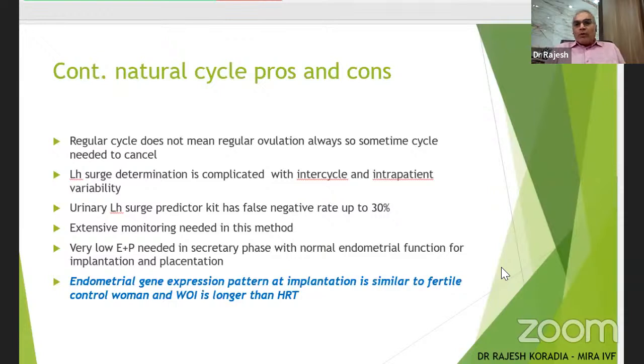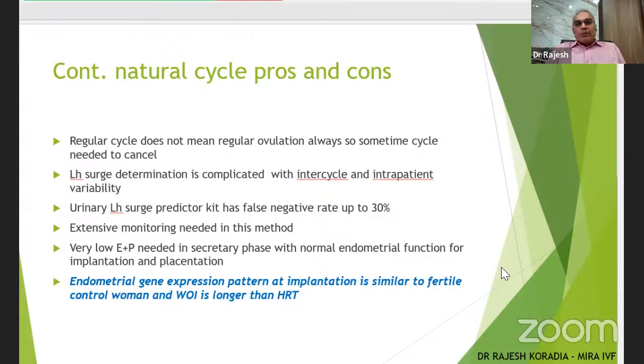Now, what are the pros and cons of a natural cycle? A regular cycle does not always mean regular ovulation, so sometimes the cycle needs to be cancelled. The LH surge determination is complicated with inter-cycle and intra-patient variability. The urinary LH surge predictor kit has false negatives up to 30%. Extensive monitoring is needed in this method.